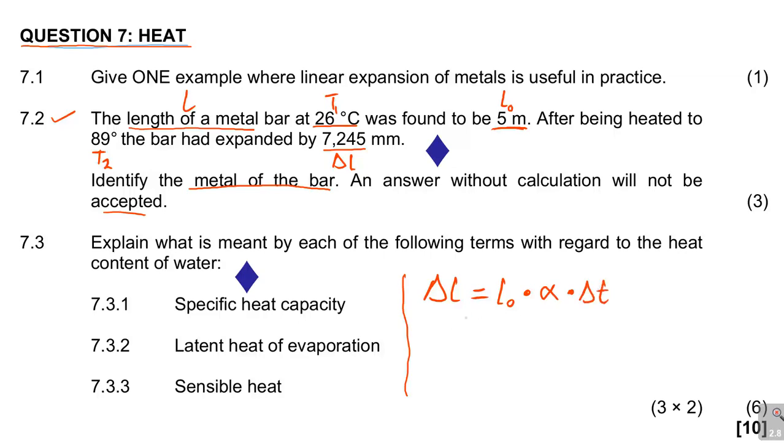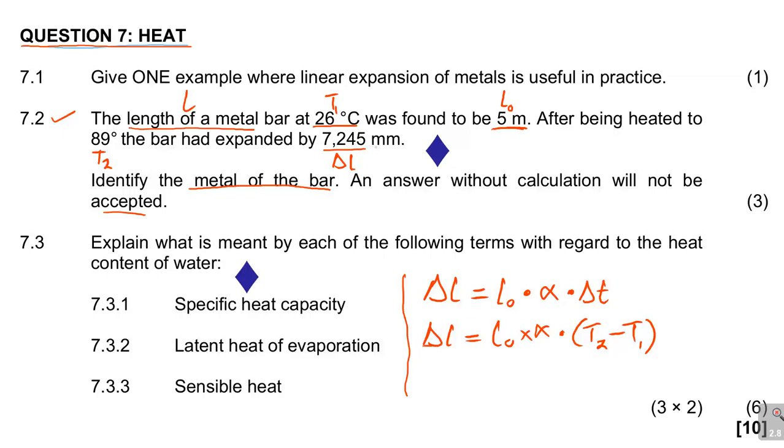So now if you rewrite this, you're going to say change in L is equal to L0 times that alpha times the final temperature T2 minus the initial temperature, which is T1. So now we input the information that we're given.